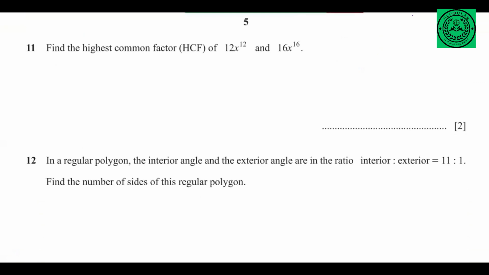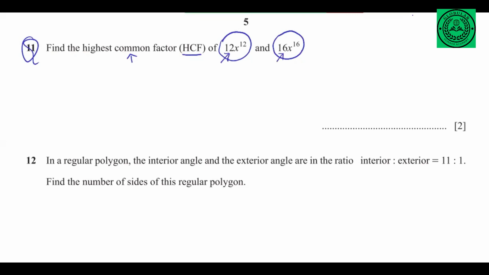Okay, next question, the second question, it is question number 11, and we are being asked to find the H.C.F., or the highest common factor, between the numbers 12x^12 and 16x^16. Now H.C.F. has a word common. So let us see what is common over here. These two terms contain one coefficient over here to be 12 and a coefficient over here to be 16.